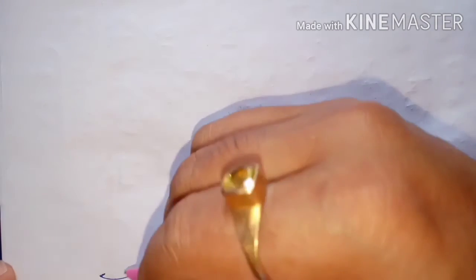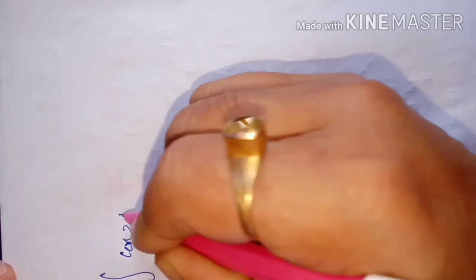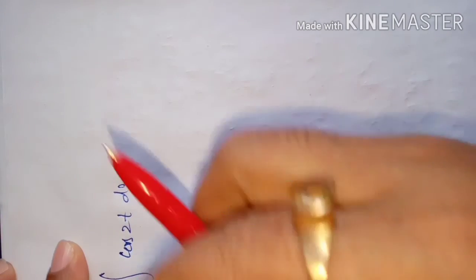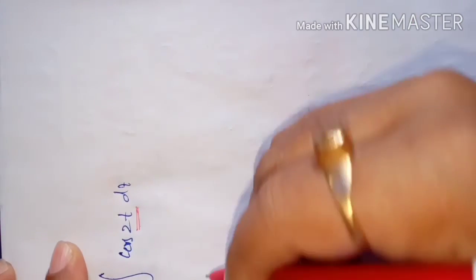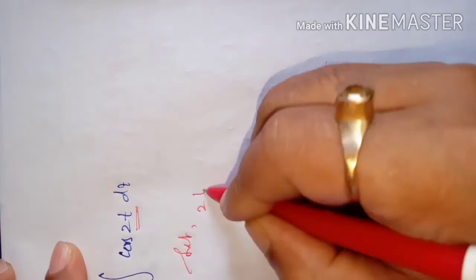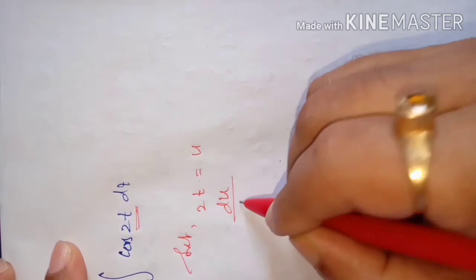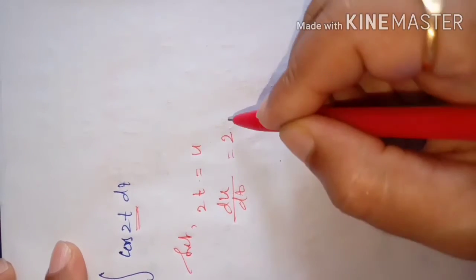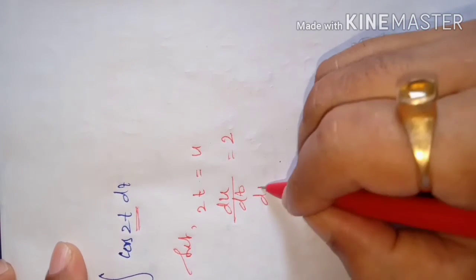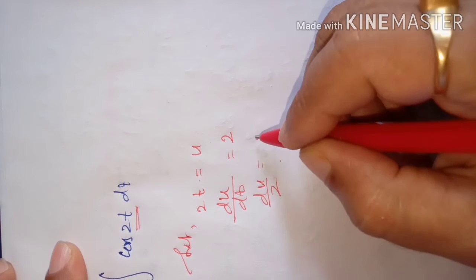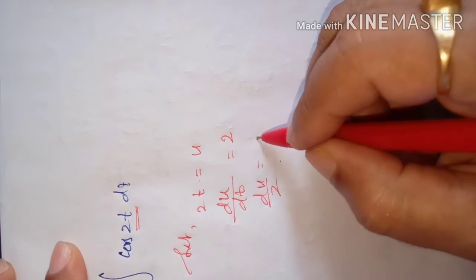If I consider twice t as u, then du by dt will be 2 only. So du by 2 is equal to dt.